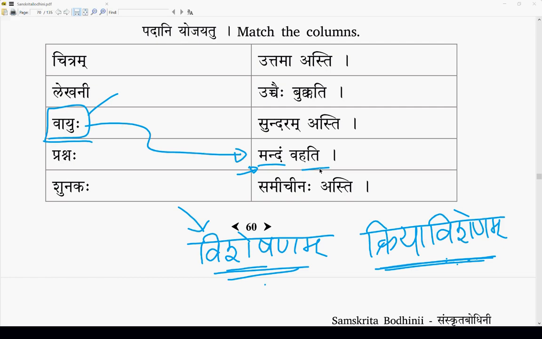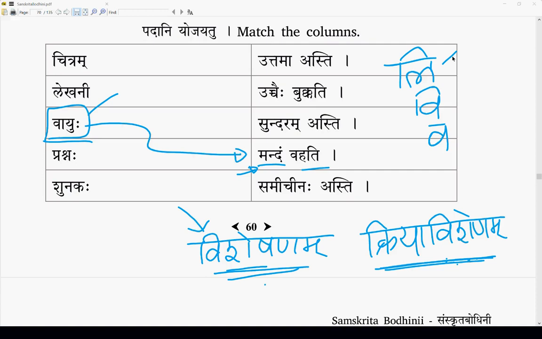Now we will have to focus on this one. Mandam is a Kriya Visheshanam, so we will have to think about what should be its Lingam, Vibhakti and Vachanam. First question, what should be its Lingam?